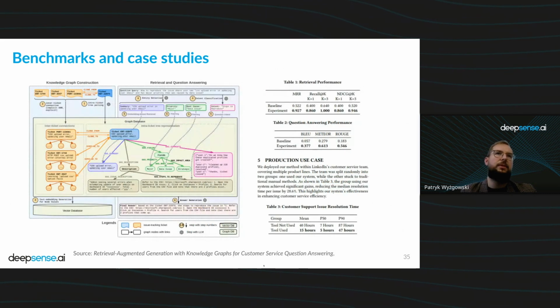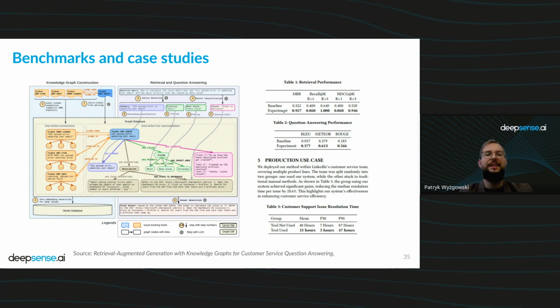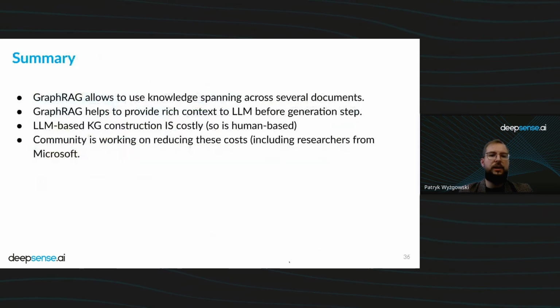This is the overall idea. It was related to customer service, and of course, beyond some actual win with the metrics, we can observe that it allowed for almost 30% decrease in median resolution time, which is great.